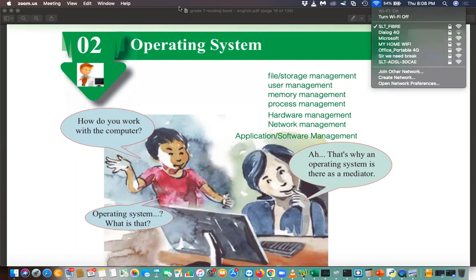So likewise, they are renaming. They are trying to communicate using the Wi-Fi network. You can see some of your friends, maybe closer to your home, also trying to communicate using the Wi-Fi network.